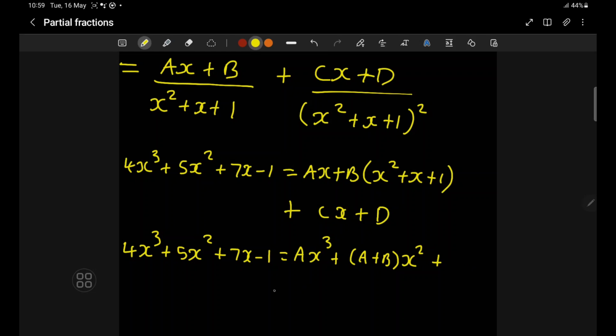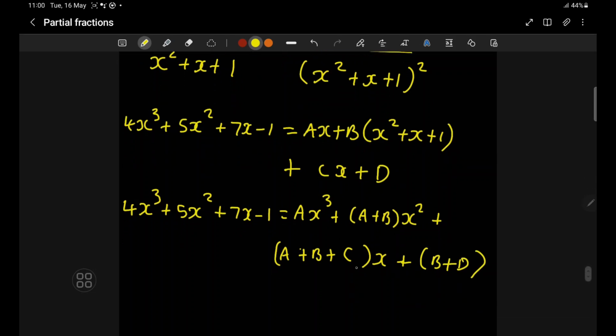So due to space, let me just write the other expression down here. So this is the final expression you're going to have.